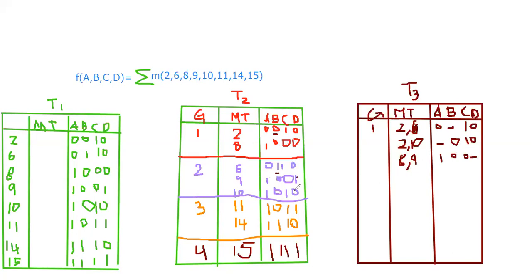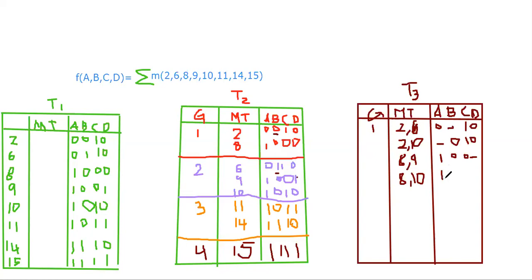There is a change in bit position C, so we can group 8, 10.